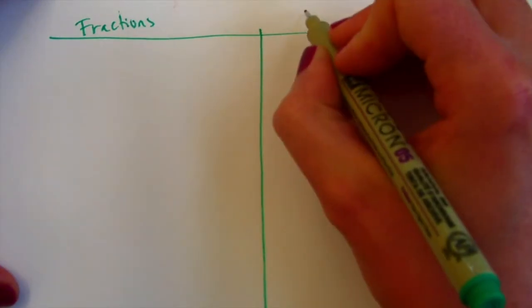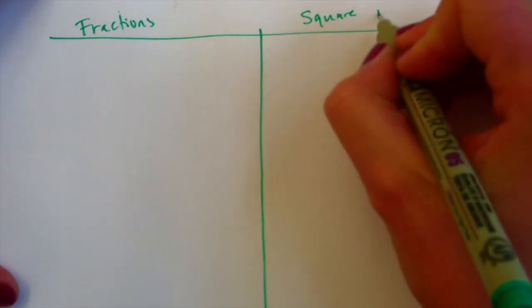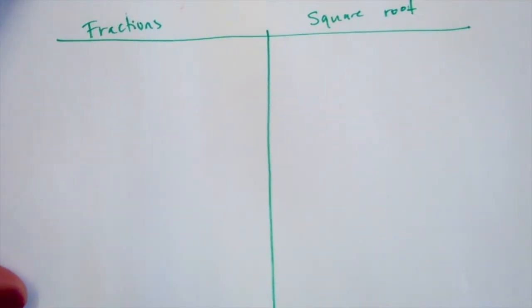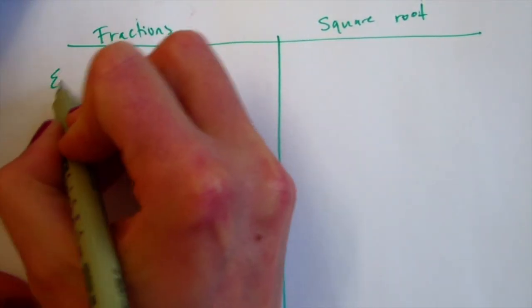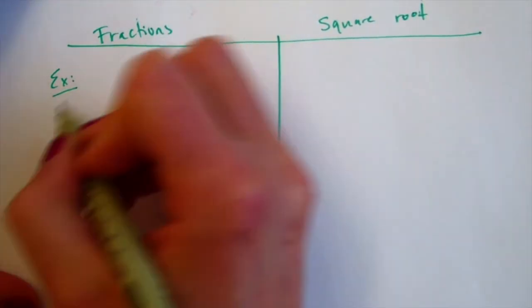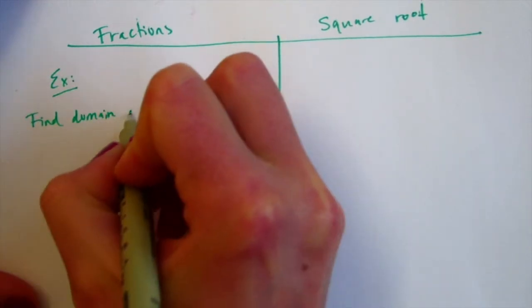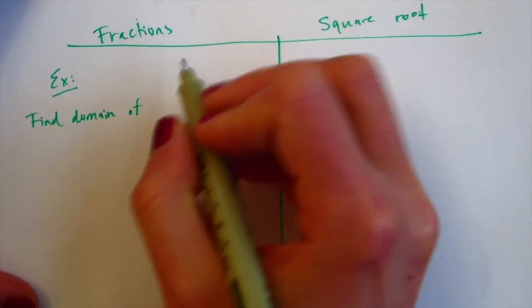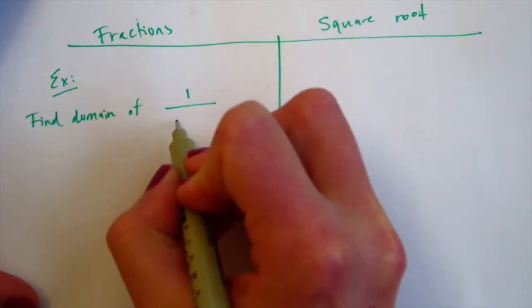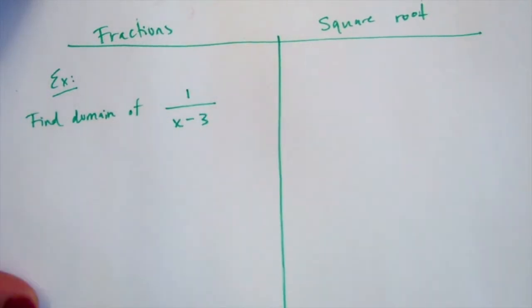So an example of a fraction could be like if I said find the domain of 1 over x minus 3. And sorry, it's a function, so it should be f of x equals 1 over x minus 3.